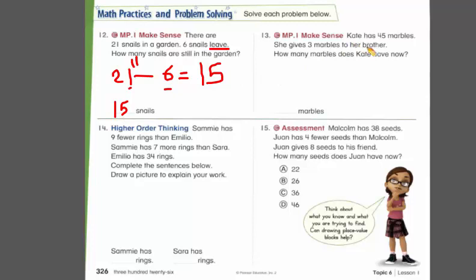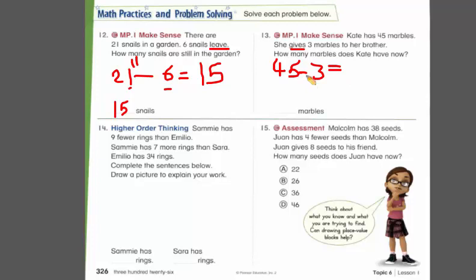Kate has 45 marbles. She gives 3 marbles to her brother. How many marbles does Kate have now? Again, when I say the word give, okay? So we will do subtraction. I lost some. What is the equation? Start with the greater number, 45. The whole minus the part she gave, minus 3, equals.